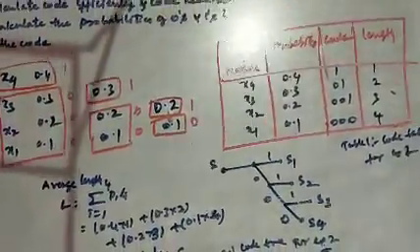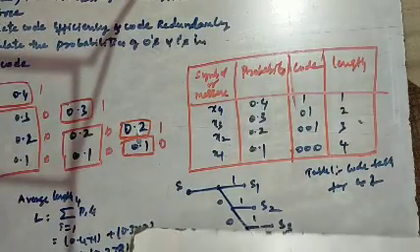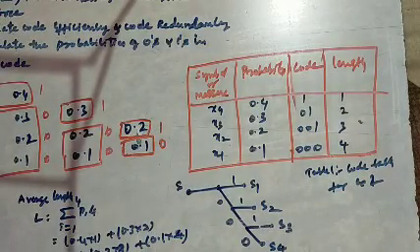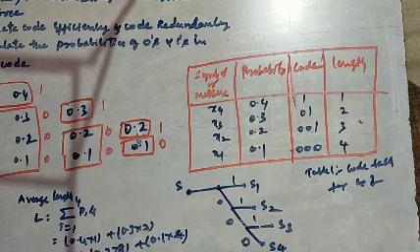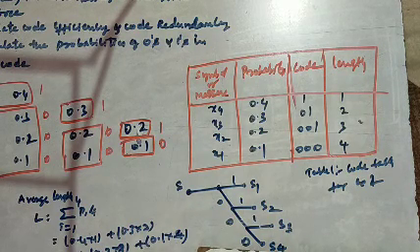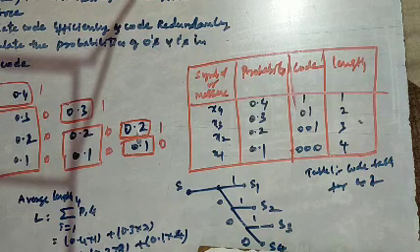Number of zeros in the first code is 0, in the second code is 1, in the third code is 2, and in the fourth code is 3.